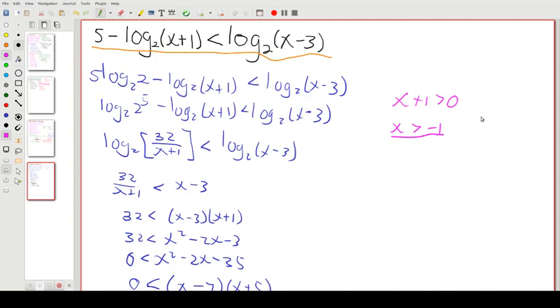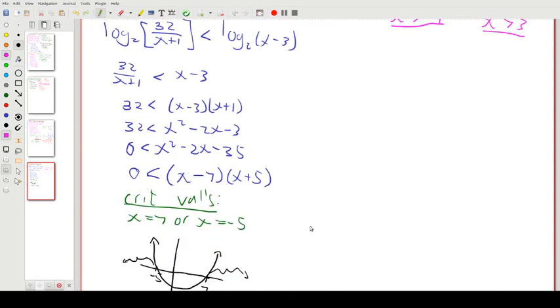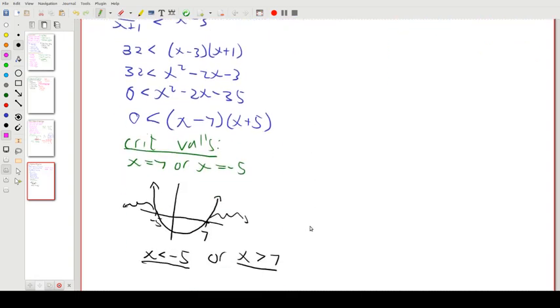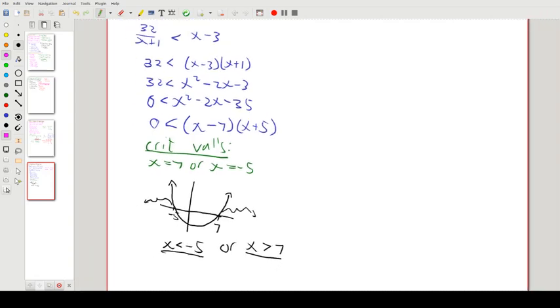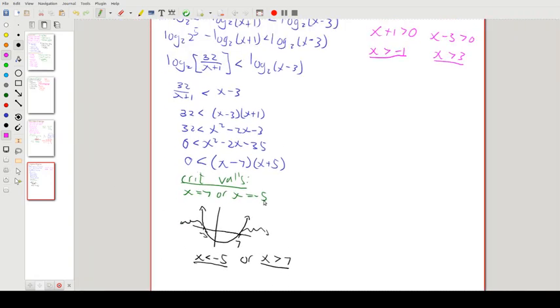And this also must be greater than 0. So x minus 3 greater than 0, which means that x must be greater than 3. So there we have another constraint. Now, let's see. Okay, let's zoom out a little bit, just so we can see all the constraints.